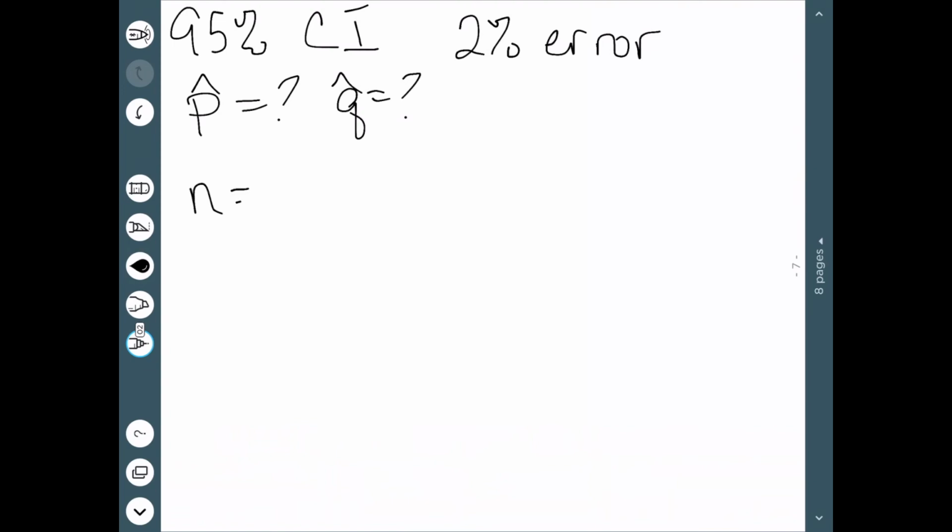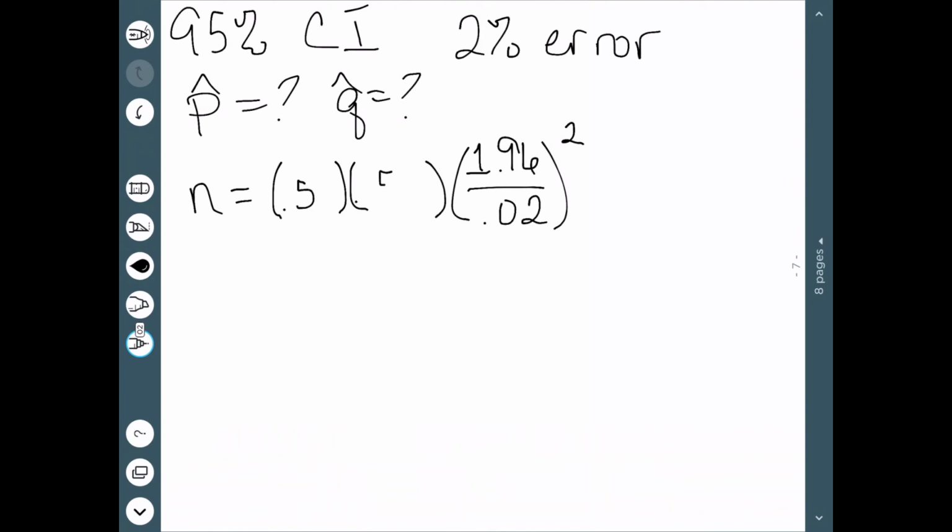Well, we can still find it. So I'm going to leave a blank for P and Q currently. A 95% confidence interval would mean Z is 1.96 and our margin of error is 0.02 squared. So what do we do for P hat and Q hat? Essentially, if we have absolutely no idea what they are, we're just going to use 1/2.